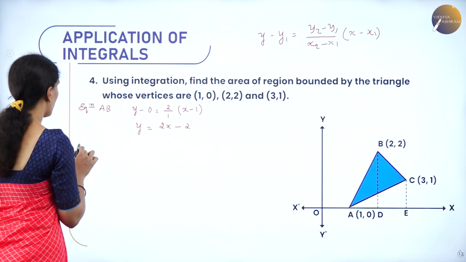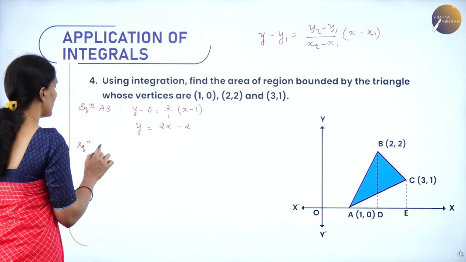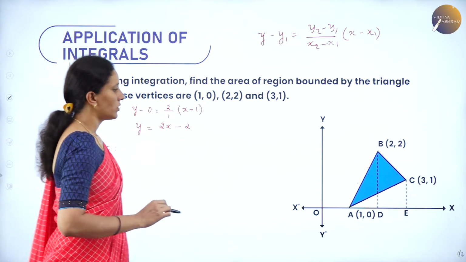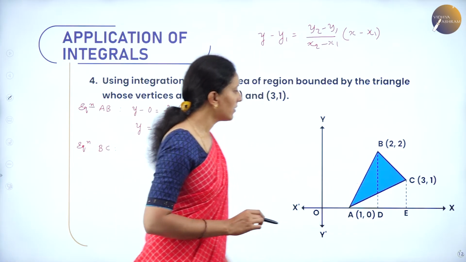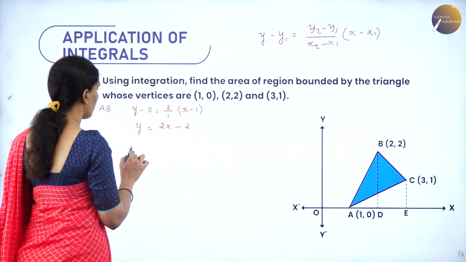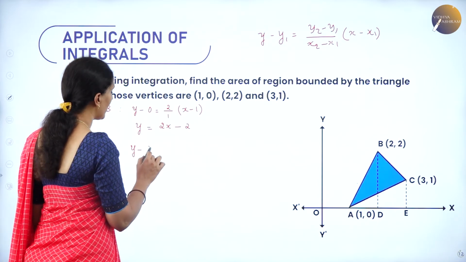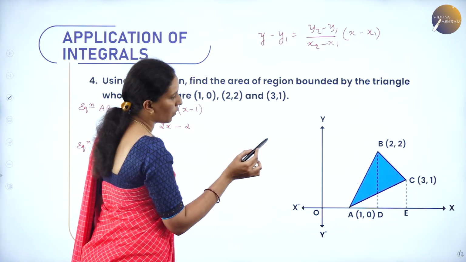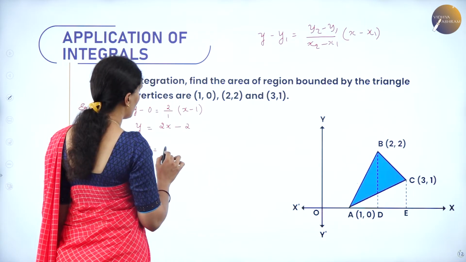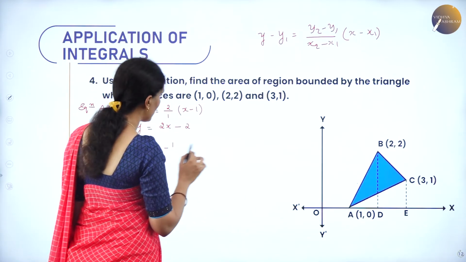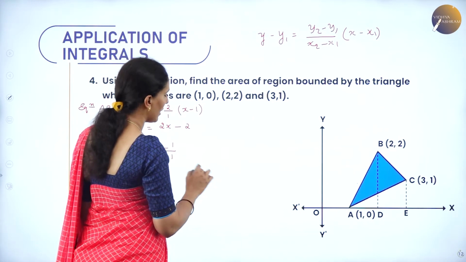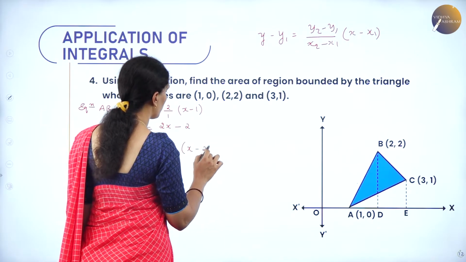Now let's see the equation of BC. So let's take y minus, what is y1 there? We can take it as 2. Next, y2 minus y1 is minus 1, x2 minus x1 is 1. Again we have x minus 2.